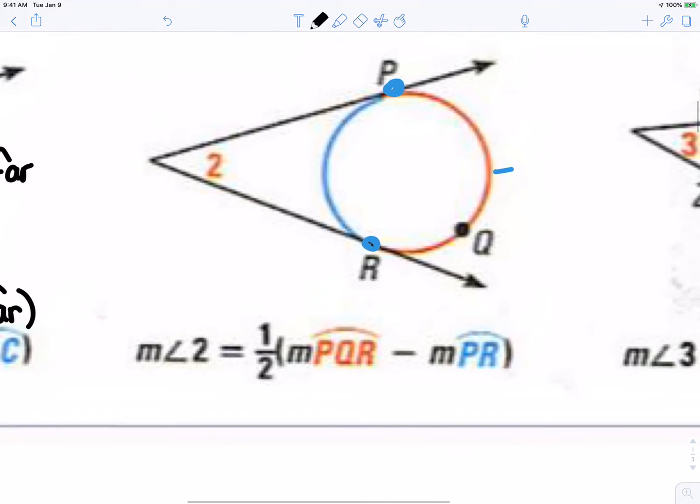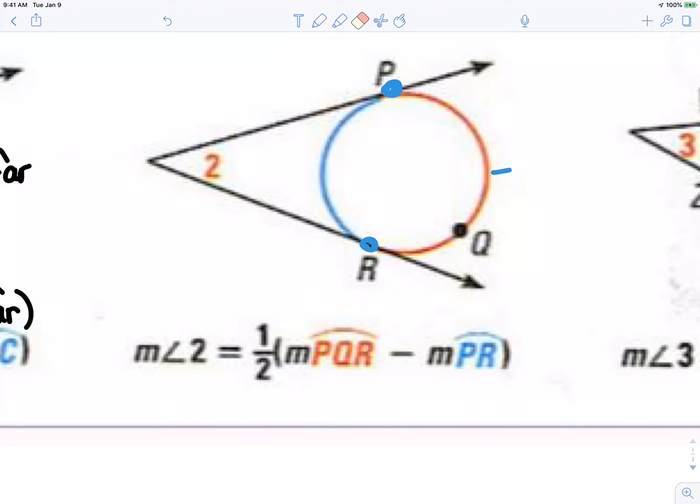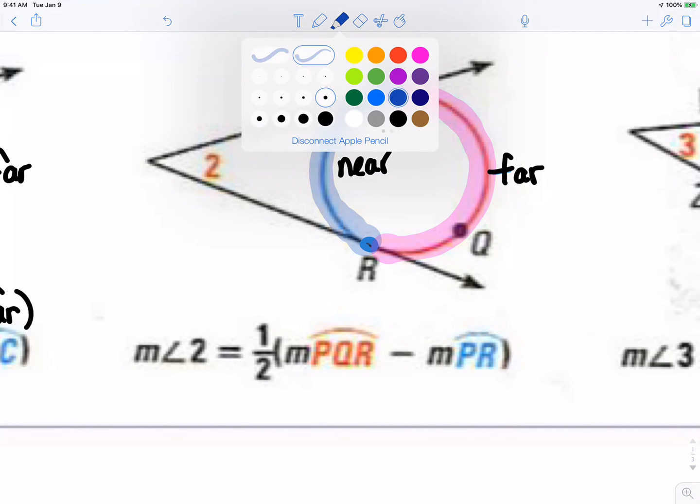All right, let's look at the second example. In the second example here, I have a faraway arc. I'm going to use the same colors so I'm not being inconsistent. A faraway arc right here. And then I also have a nearby arc right here. And both of these arcs lie in the interior of angle 2.